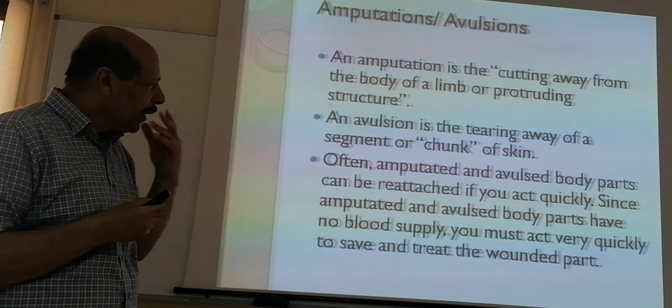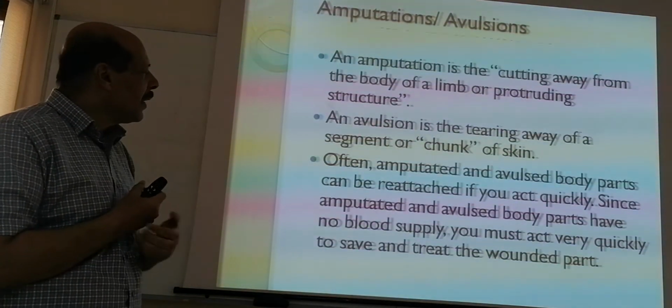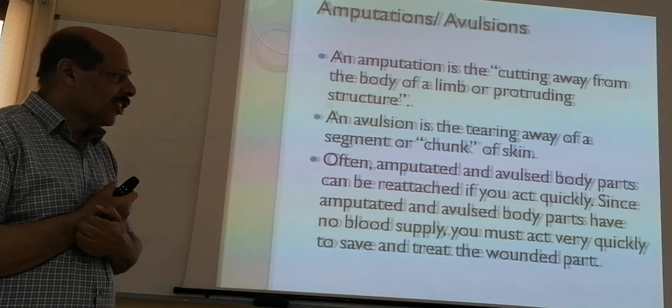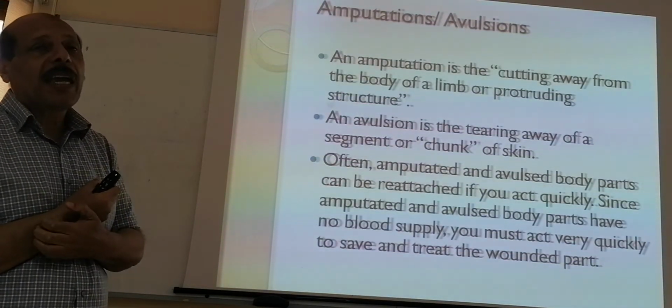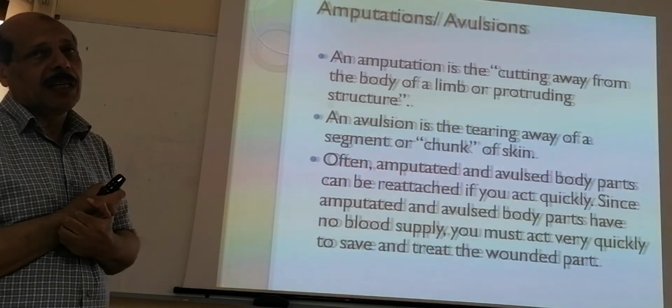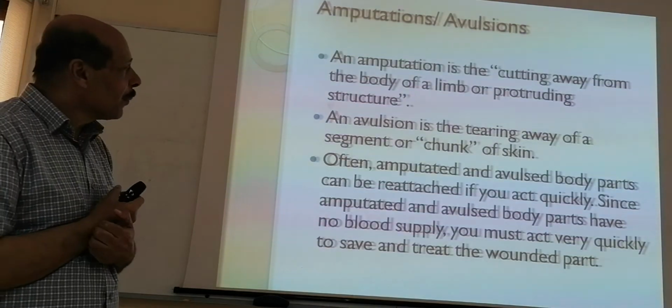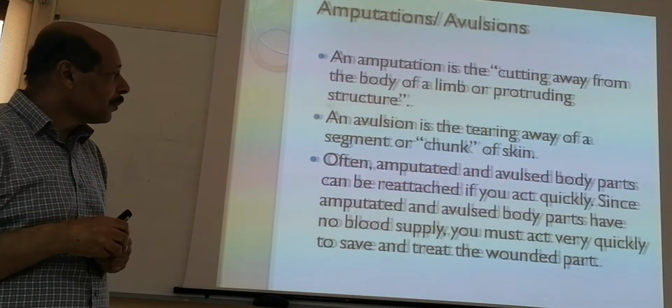So often an amputated and avulsed body part can be reattached if we take the person quickly to the medical institution or to the surgery, so it can be attached again.